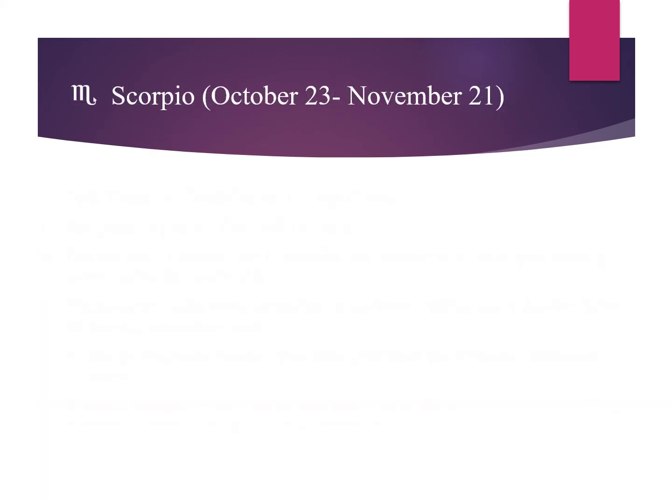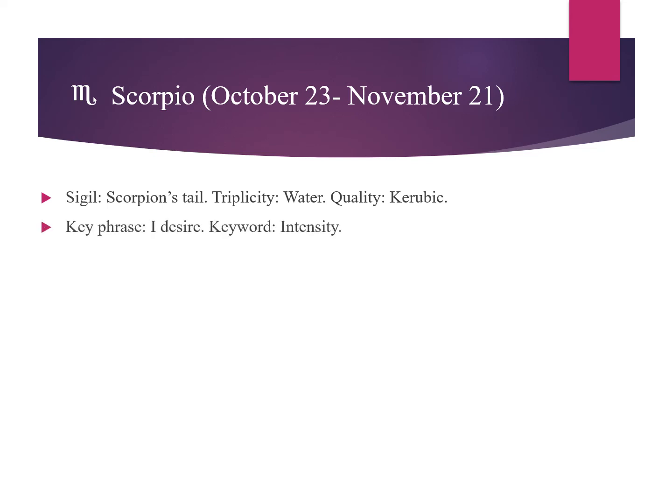The next sign is Scorpio, which runs from October 23rd through November 21st. The sigil for Scorpio is the scorpion's tail. Its triplicity is water, and its quality is cherubic. Scorpio's key phrase is I desire, and its keyword is intensity.